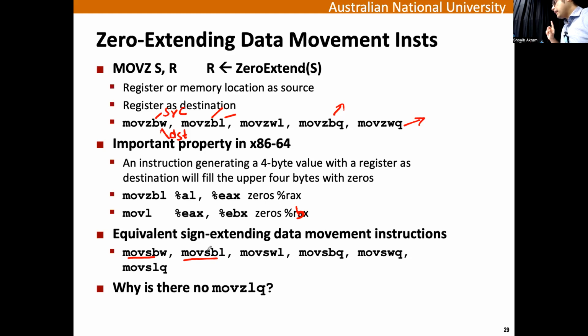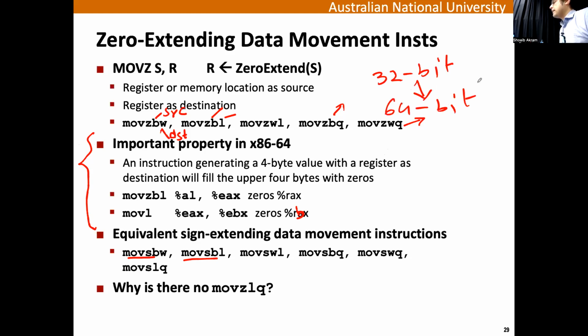Okay, I will return to this property. It will become more clear with some examples. But basically, when they moved from the 32-bit ISA to 64-bit, they adopted the convention that an instruction that produces a 32-bit value will zero the rest of the bytes in the 64-bit register. All right.